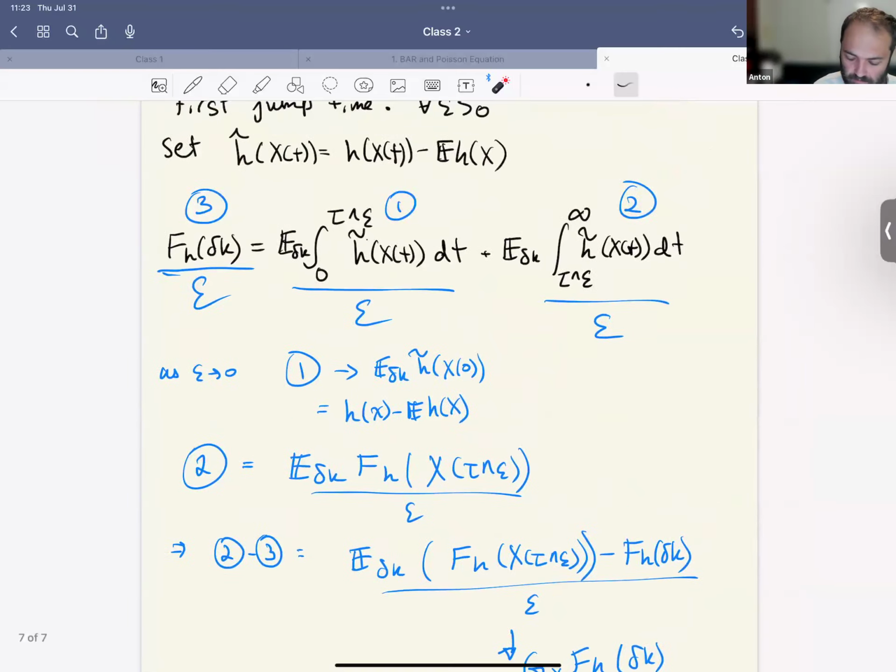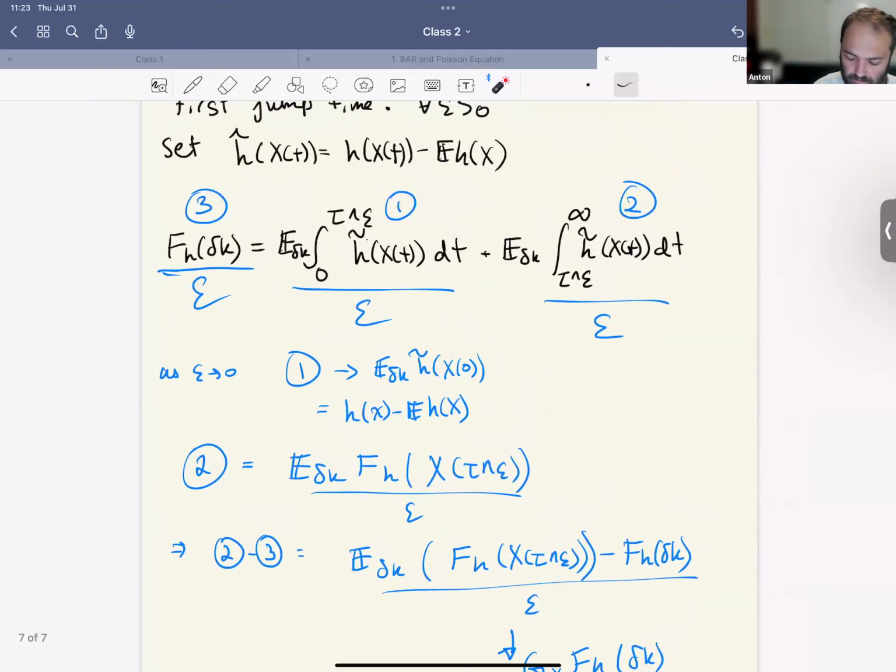Okay. Now let me write it nicely. Under delta k, integral from tau minimum epsilon, I have expected value of h tilde x of t dt, pardon me, h tilde x, given x of tau minimum epsilon, dt.